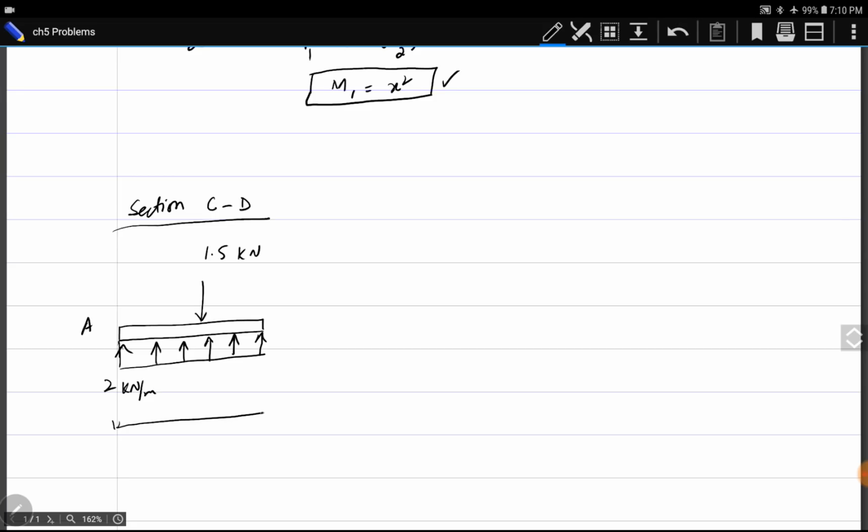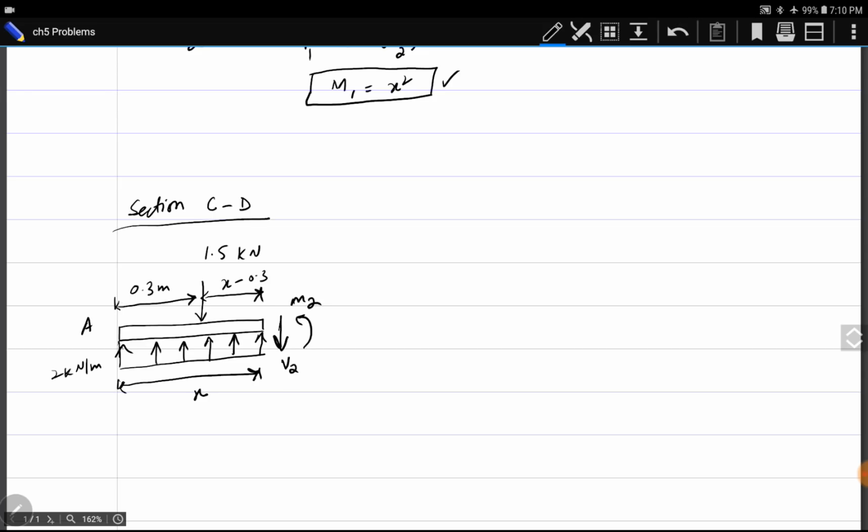This total length is x. This distance is known to us. This is 0.3 meters, so the remaining will be x minus 0.3. Here is a downward force V2 and a moment M2.